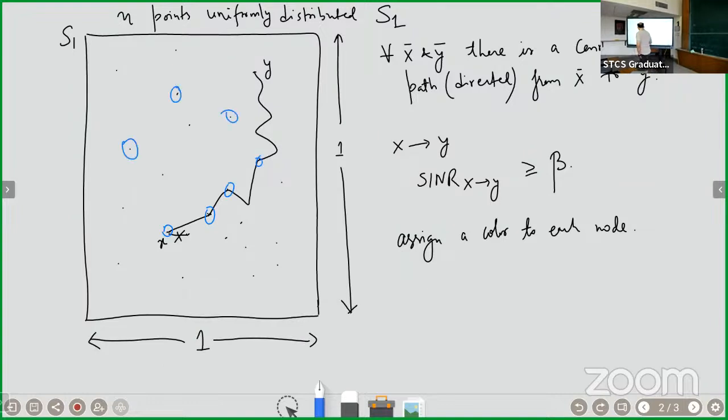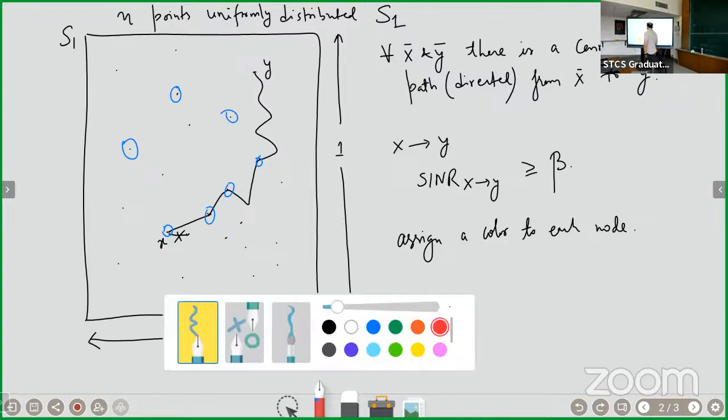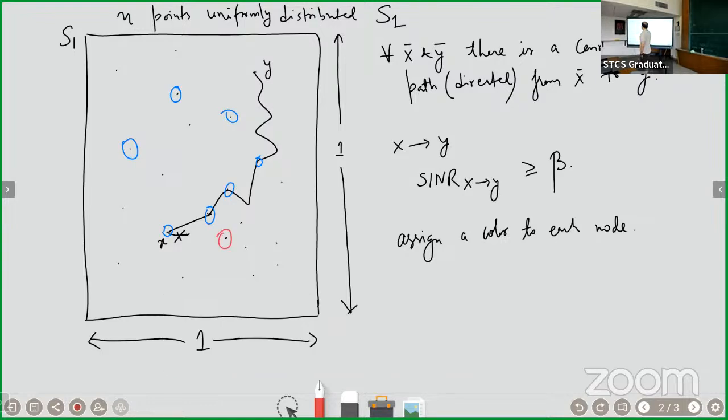Now the directed thing will not remain. If X is connected to Y, Y need not be connected to X. So when did I say that?